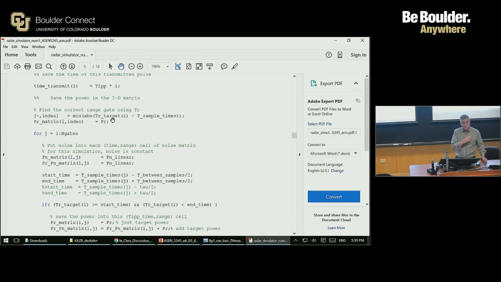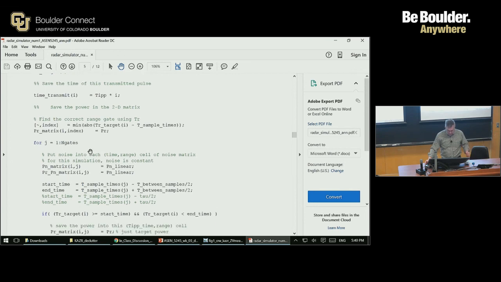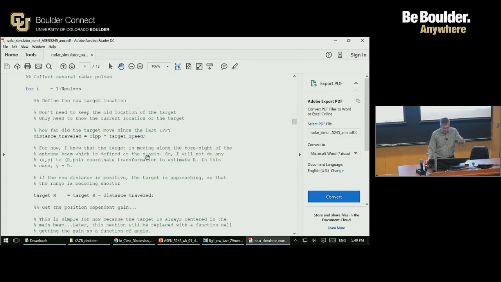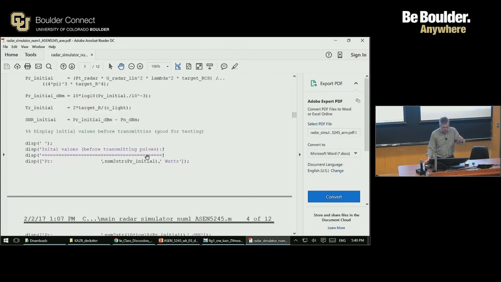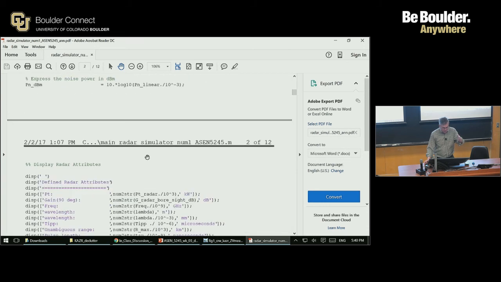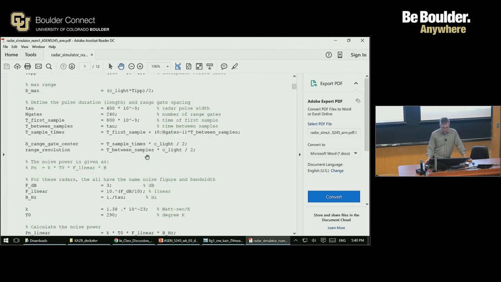Could you explain what's in your variable t sample times, where you find the index with that minimum of the absolute value? Yes. T sample times is the time of the A to D where it actually makes its samples. Tau is the radar pulse width, 400 nanoseconds, then number of range gates, time to the first sample, and time between samples.